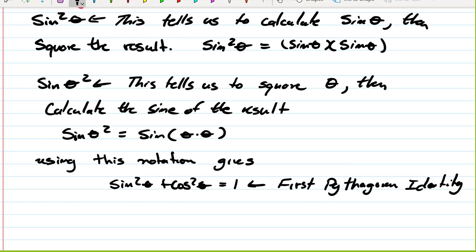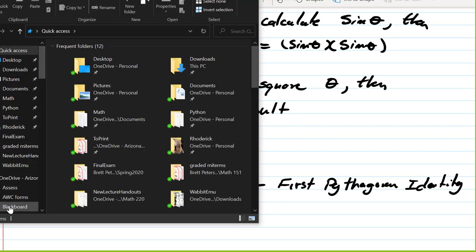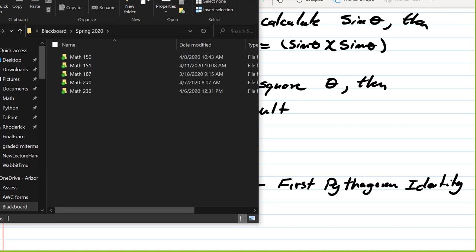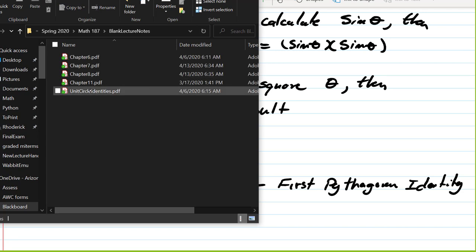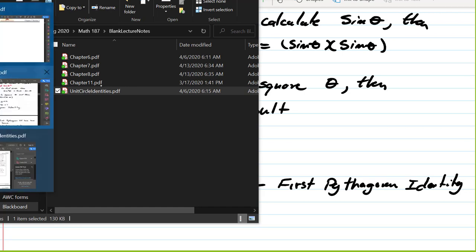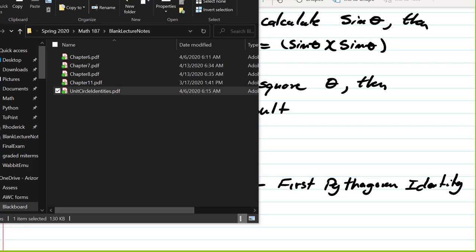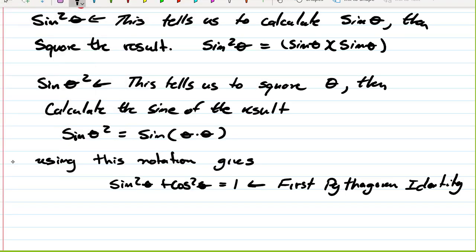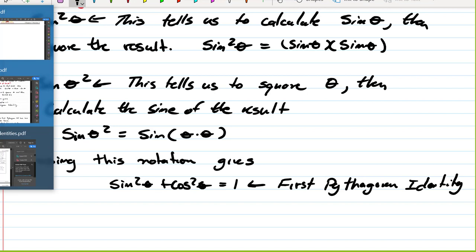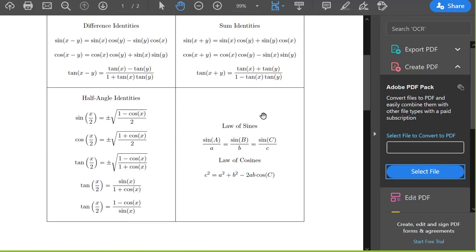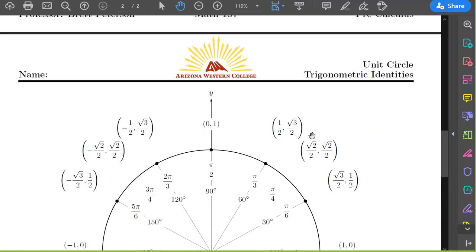So if we go to our handout for our unit circle, we will notice that on one side, we did have our unit circle that we've been using.